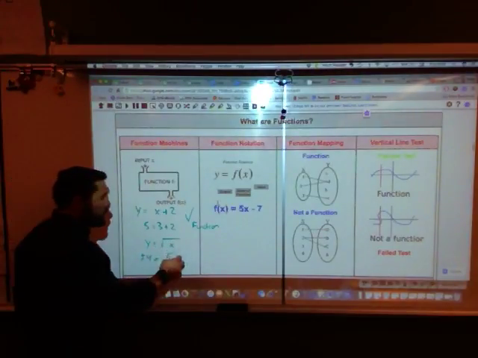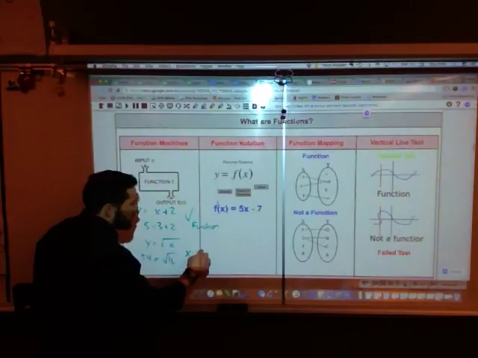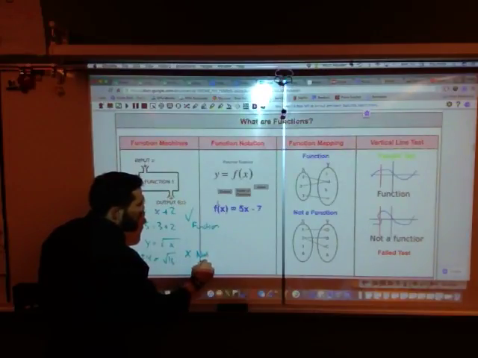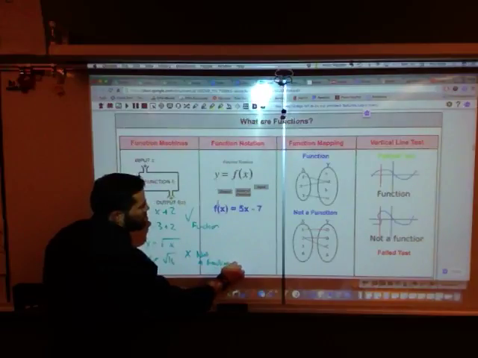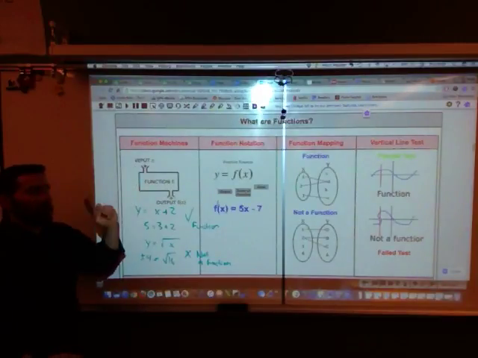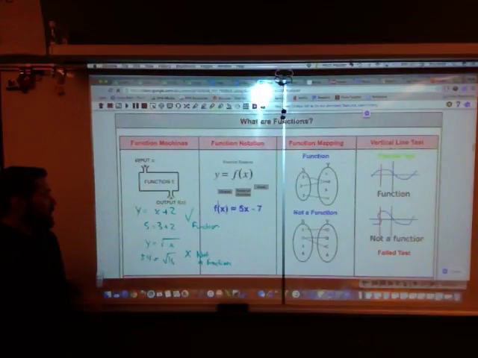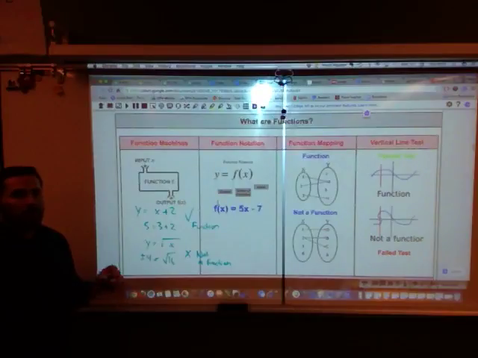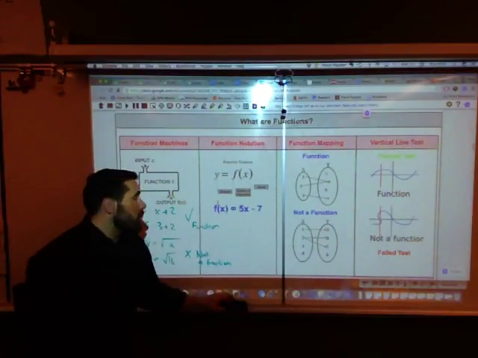So therefore, square root of x is not a function. That's the slight difference between a function and not a function. For a function, every input gets you only one output. Not a function would be if I put an input in and it spits out two outputs.